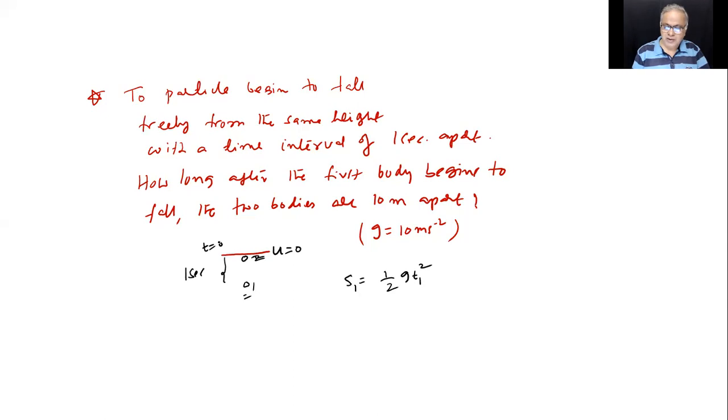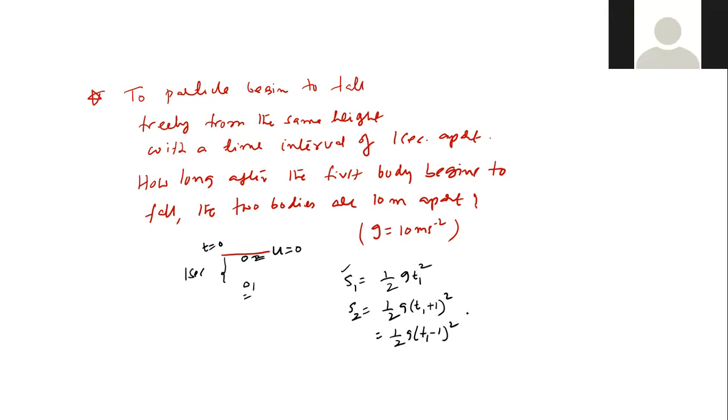So in t1 time, it went for S1, you mean to say? Yes, sir. S2 is half g (t1 plus 1) whole square, or (t1 minus 1) whole square? T1 minus 1, sir. Tell me, Enoch, whoever was saying. Vishnuvardhan is not there today.